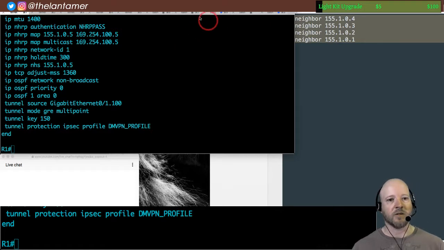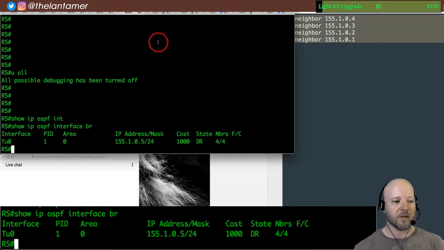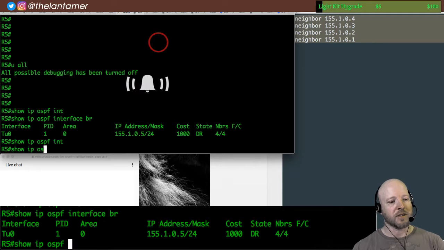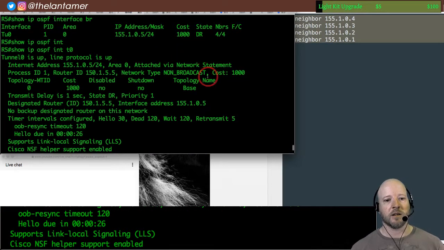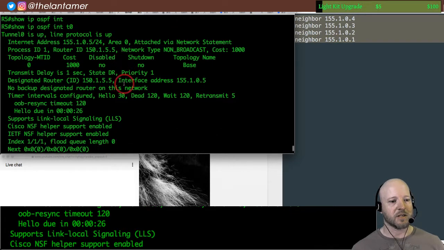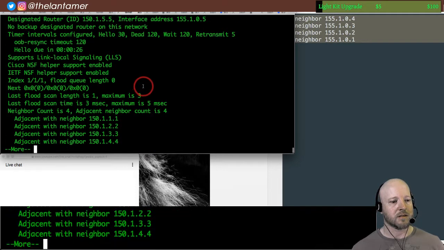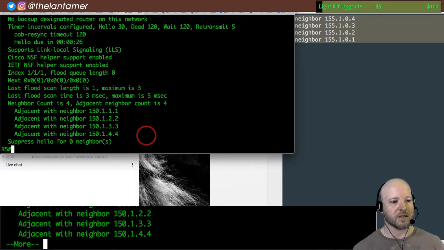And so now if we go to router 5 and we do show IP OSPF interface tunnel 0, non-broadcast as a network type, attached via network statement. And here are the adjacencies, right?